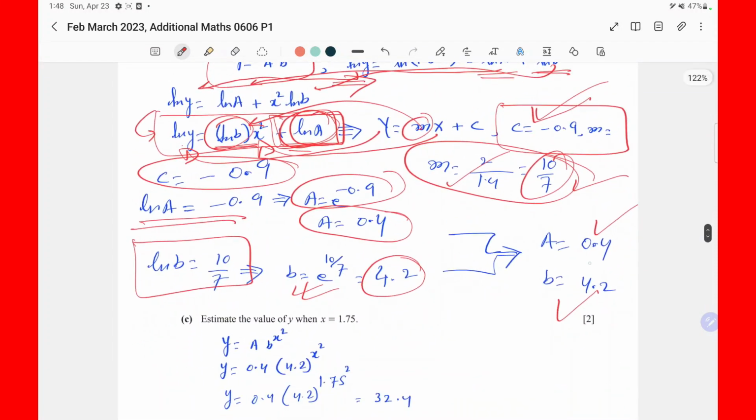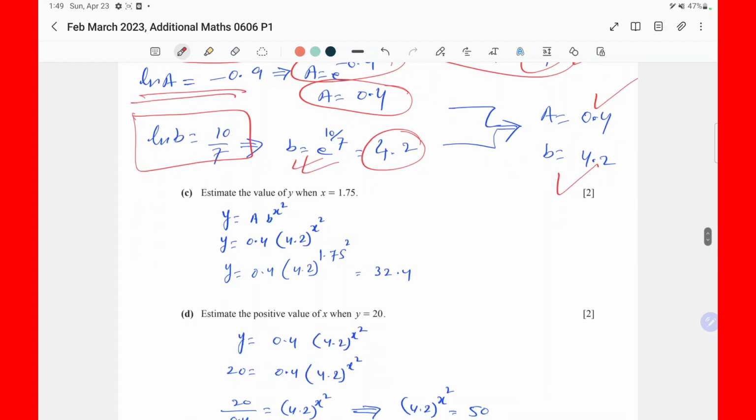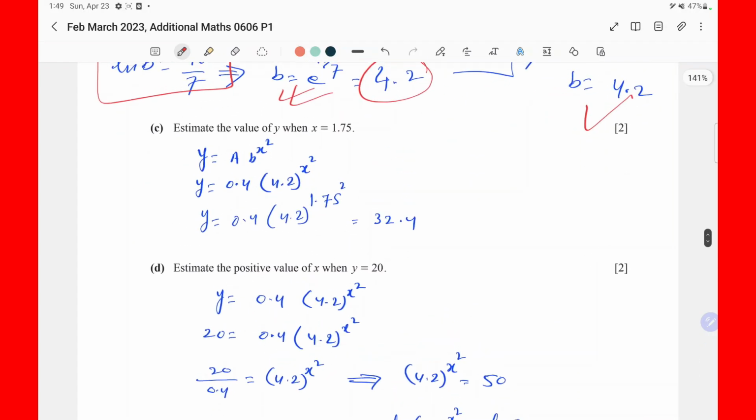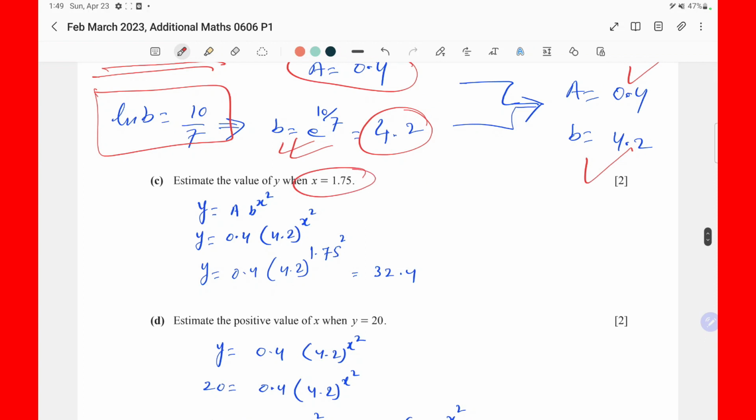But if the answer is 0.4 for a, and you are getting 14, then of course either 0.4 is wrong or 14 is wrong. If the actual answer is, suppose I got 4.2, then the range should be like 3.9 to 4.5, some closer range should be given. Now estimate the value of y when x is 1.75.